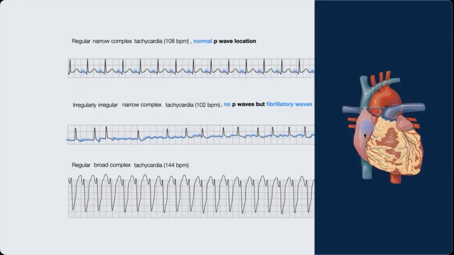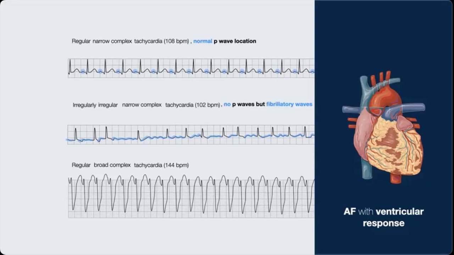So earlier, we made this specific animation to represent that. But that's actually not true. That's more in keeping with a sinus arrhythmia. It's not representative of atrial fibrillation. What's happening in atrial fibrillation is that instead of the atria depolarizing, there's disorganized electrical activity within the atria. Remember, if the atria depolarize, the atria contract.